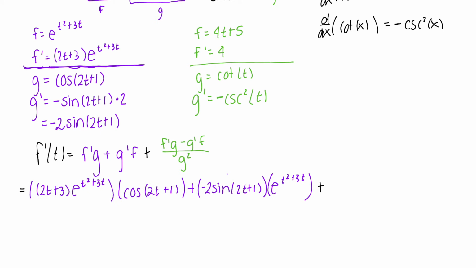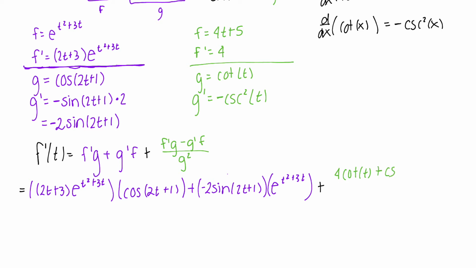Plus, now doing this guy over here, f prime g. So f prime is 4, g is cotangent of t, minus g prime. Since g prime is negative, I'm just going to make this a plus sign because they would cancel each other out.